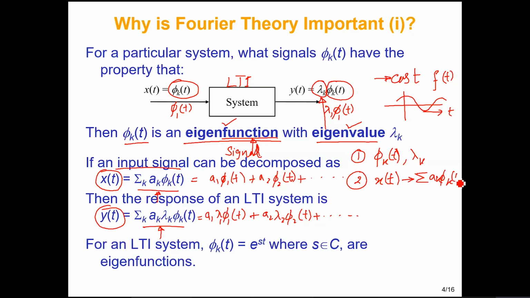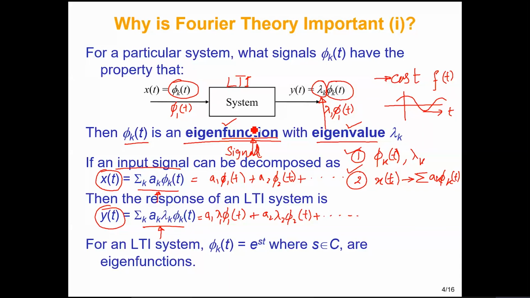So these are the two assumptions which are present here. If we can somehow find eigenfunctions and eigenvalues, and also show that those eigenfunctions can be used to represent your input signal, then this whole concept is a very strong and very useful concept for us.